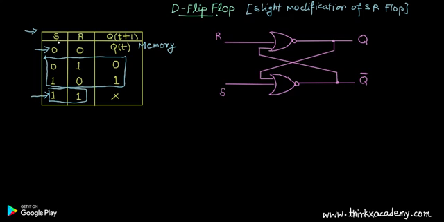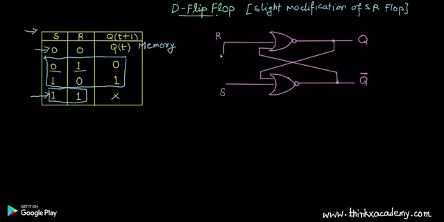So in these two conditions, the value of one input is actually the complement of the other. The value of R is the complement of S. So why not combine these two input signals into a single signal? We can do that by introducing an inverter gate.